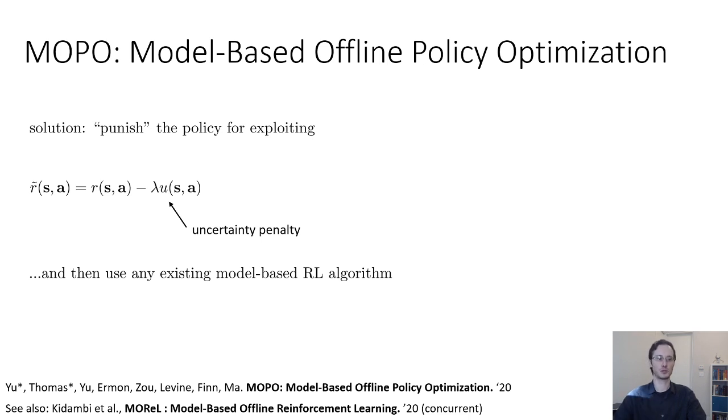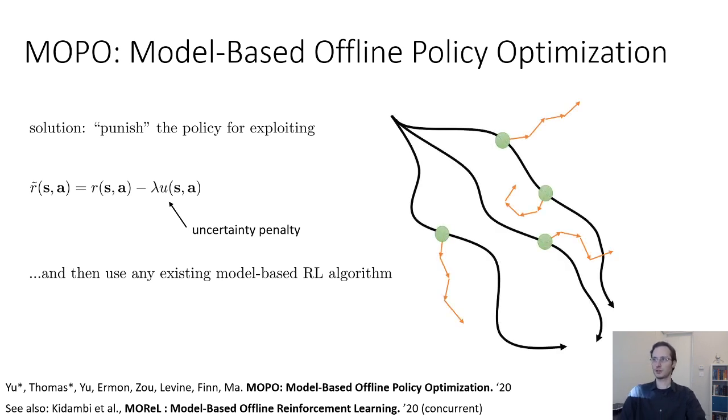And that's the only change we're going to make. We're just going to change our reward like this, and then use some existing model-based RL algorithm. The one that we used in MOPO is based on an algorithm called MBPO, Model-Based Policy Optimization. So the idea now is when you visit one of these out-of-distribution states, you get a really big penalty. And that results in the policy not wanting to visit those out-of-distribution states and instead curving back to the support of the data.